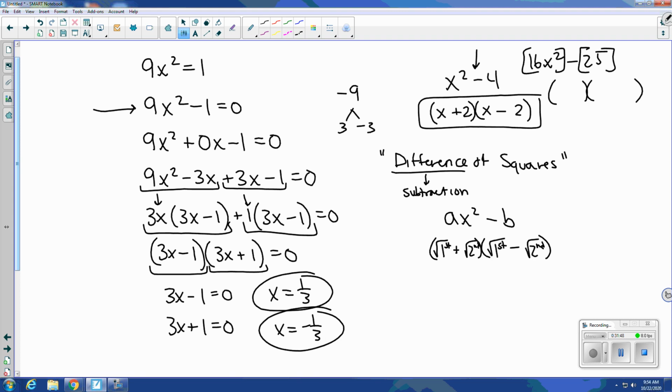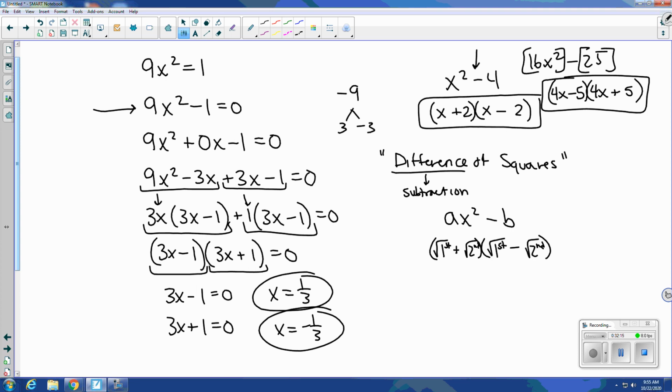The first term in each is the square root of the first term. The square root of 16 is 4. The square root of x squared is x. So it's 4x in front of both. The square root of 25 gets me what's in the back end of each parenthesis. And then minus plus or plus minus, as long as you do different signs in each. There you go. There's the factored form using the shortcut when I recognize a difference of two squares.